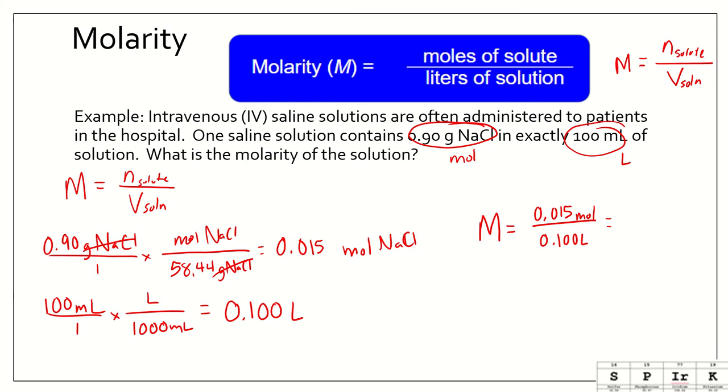We're going to get an answer of 0.15. This would come out to moles per liter, but we make it more simple and say 0.15 molar. So again, we had to convert to moles so we could divide by liters. Mole per liter is the same as molar.